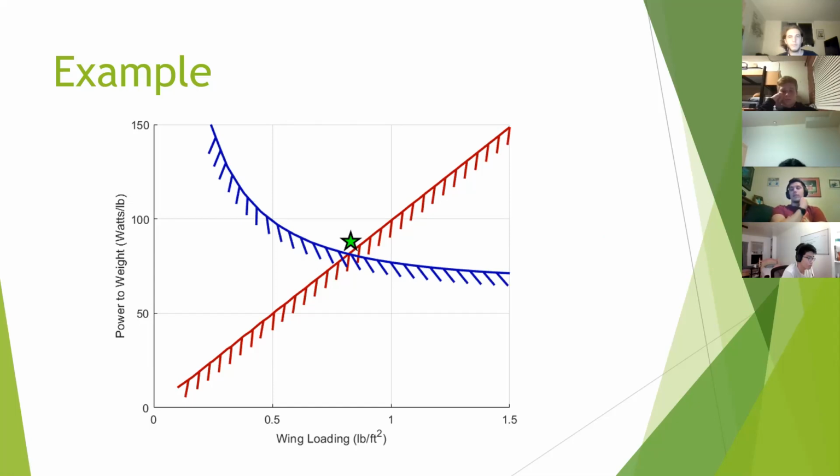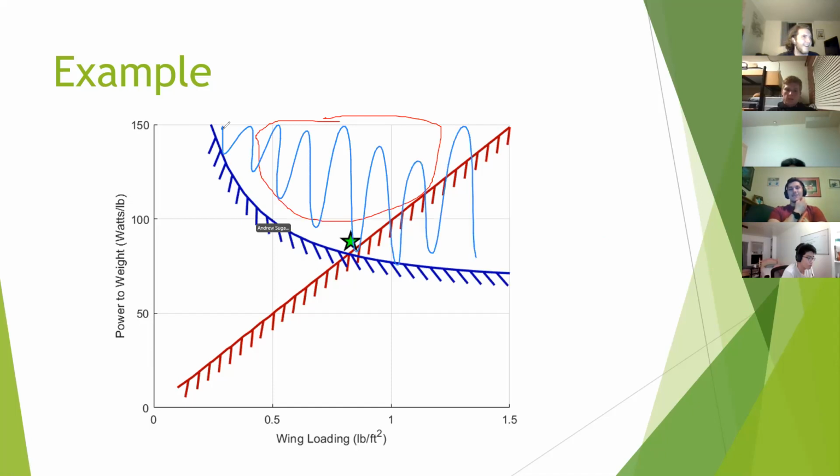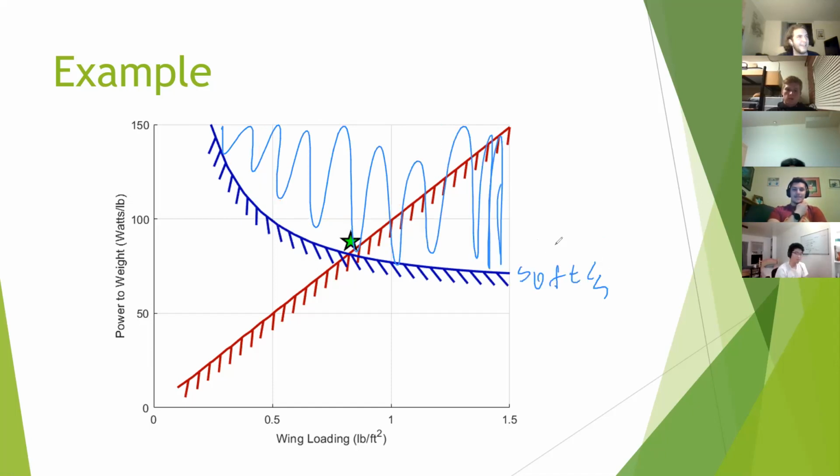Yes, you're correct, Laird. I'm sorry, it should have been all of above the blue. Above 50 feet per second, above the 25-foot takeoff distance.